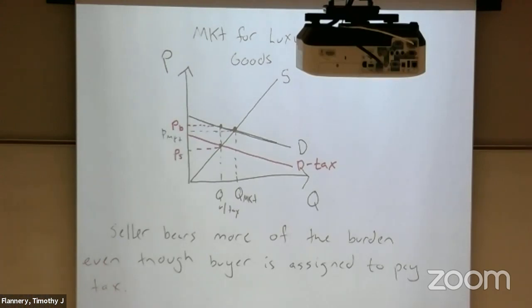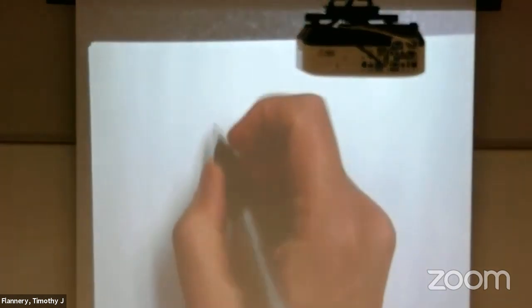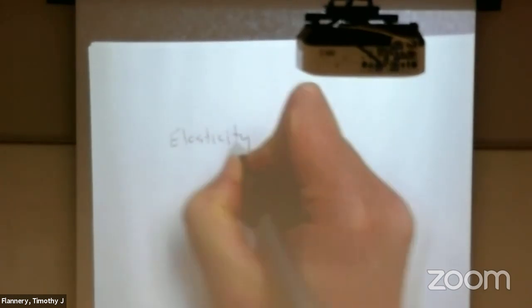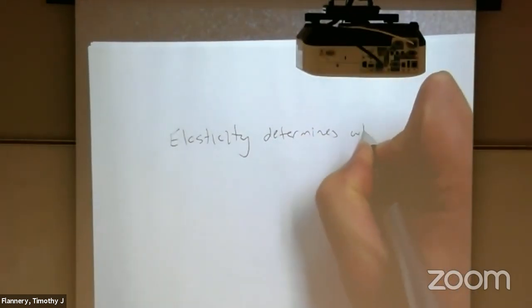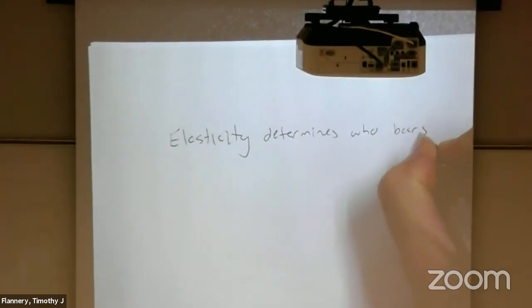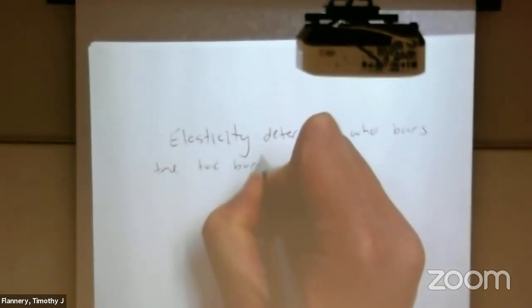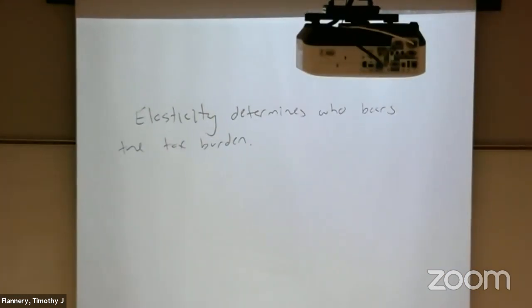And so it's not who is assigned to pay the tax that matters, but it's the elasticity that determines who pays the tax. So elasticity determines who bears the tax burden.